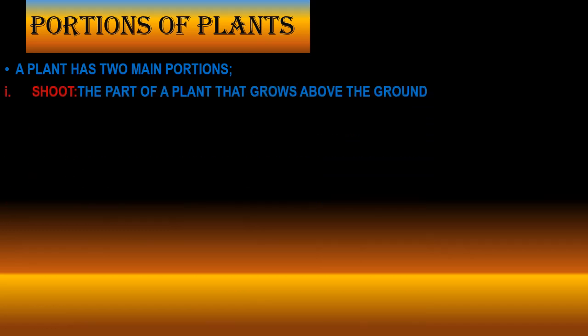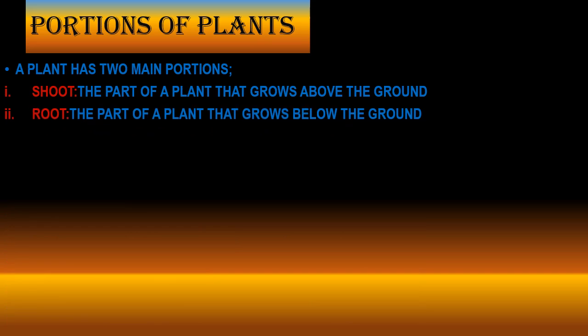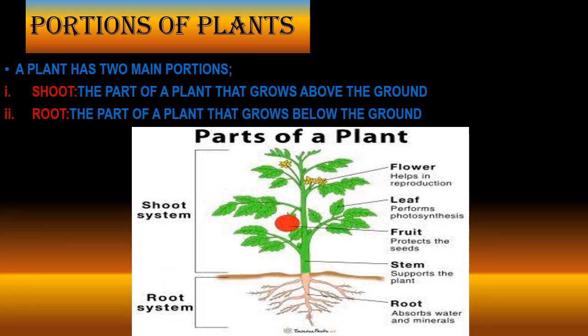Let's talk about portions or parts of plants. A plant has two main portions, shoot and root. So what is a shoot? The part of a plant that grows above the ground is known as shoot. And what is a root?